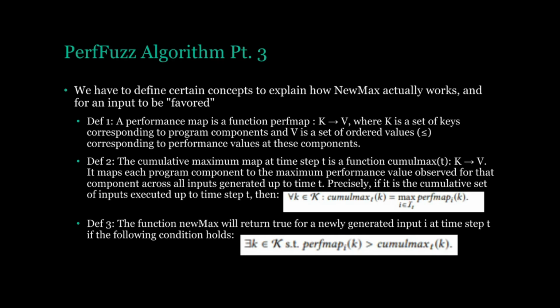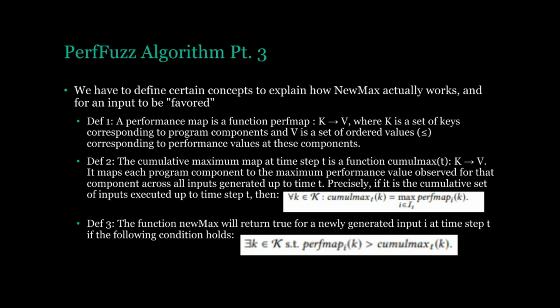Precisely, if I is the cumulative set of inputs executed up to time t, then for an input in K, the cumulative max of time t of K is equal to the max of the performance map with input I of K.